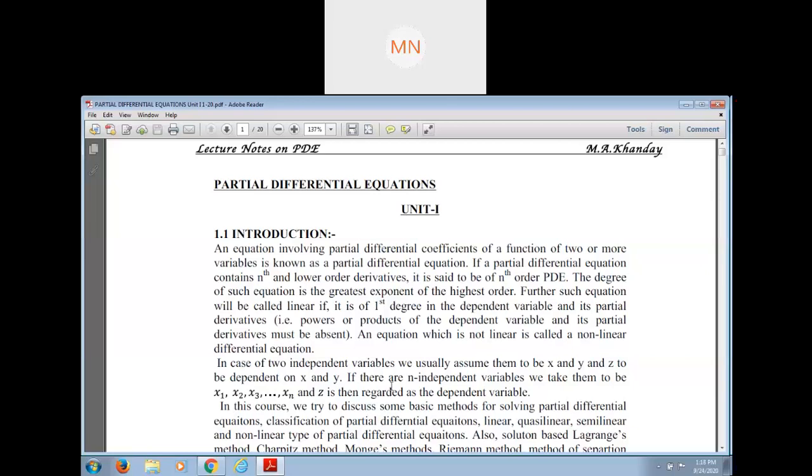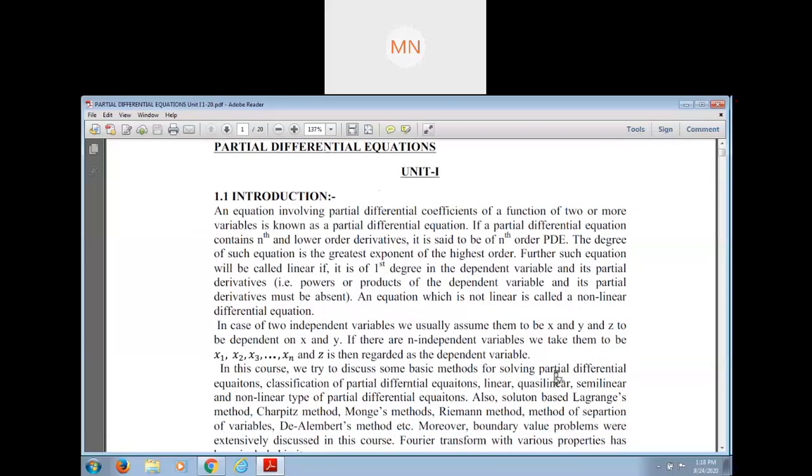And you can also consider n independent variables, and then the equation looks like x1, x2, x3 up to xn, and one dependent variable. Suppose we consider the dependent variable z, and if we consider n independent variables, then the dependent variable z depends on these n independent variables.